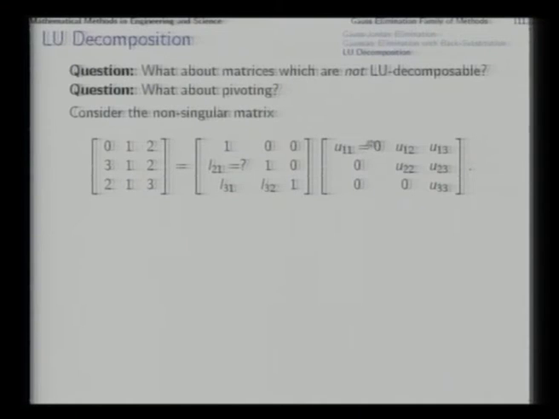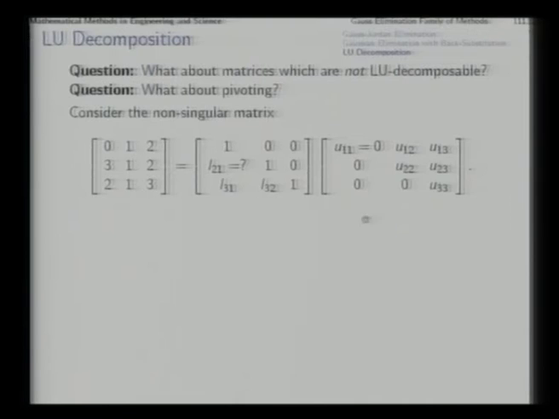Next, we will be determining L21 and L31, but the moment we tend to determine L21, we need to write the equation for A21. A21 is second row of L into first row of U. That means L21 into 0, that is 0, plus 1 into 0, that is also 0, plus 0 into 0, that is also 0.